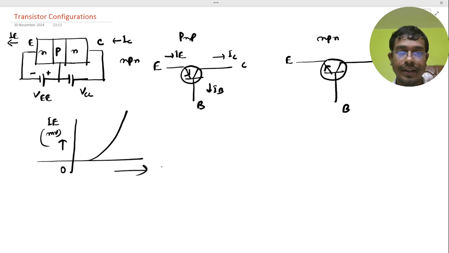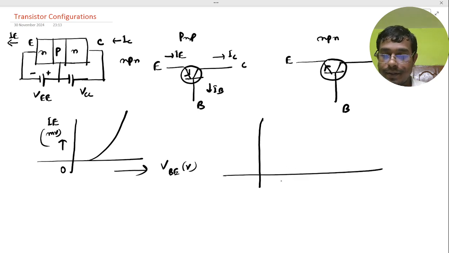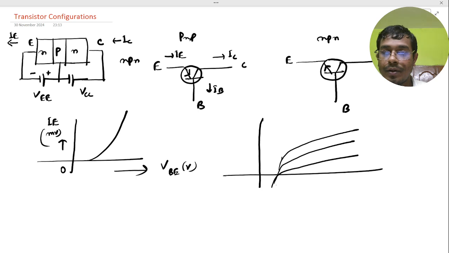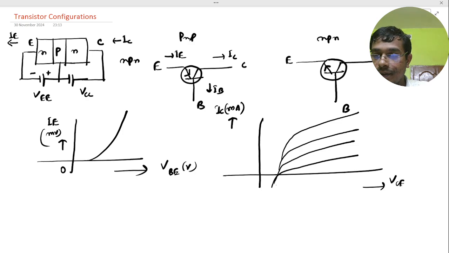This is the origin, with the voltage VBE in volt, and for the output characteristics, this is IC in milliampere against VCE in volt, with the origin here.